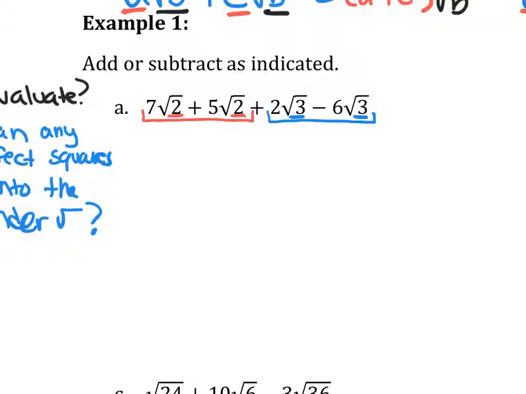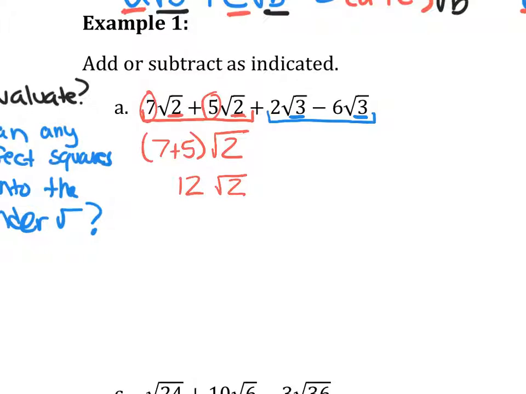So for our square root of 2's, we have 7 square root 2 plus 5 square root 2. We can take our numbers out in front, add those together, and the square root of 2 just follows along. This is like saying we have 7 root 2's and we add 5 more root 2's, which leaves us with 12 root 2's.